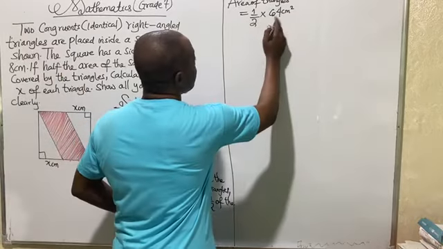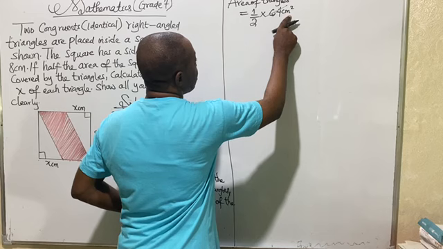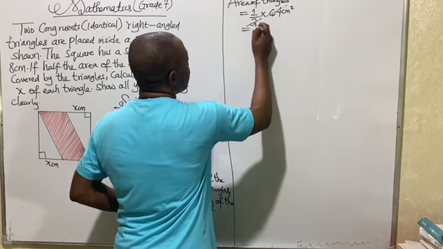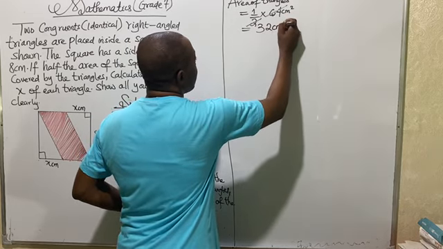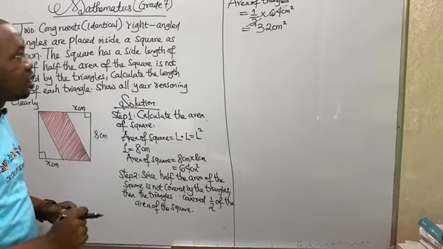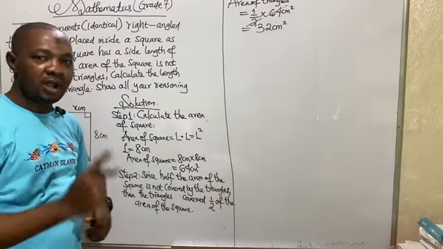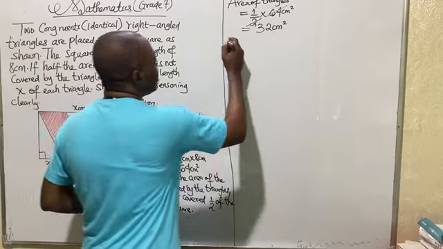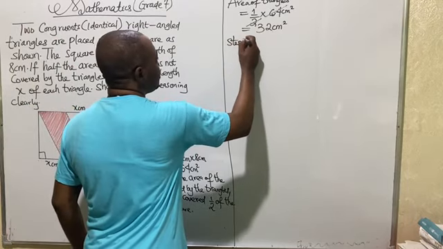So this will be 64 square centimeters divided by 2, which is 32 square centimeters. So this is the area of the two triangles. Now we need to find the area of one triangle, so let's find the area of one triangle, and that will be step 3.